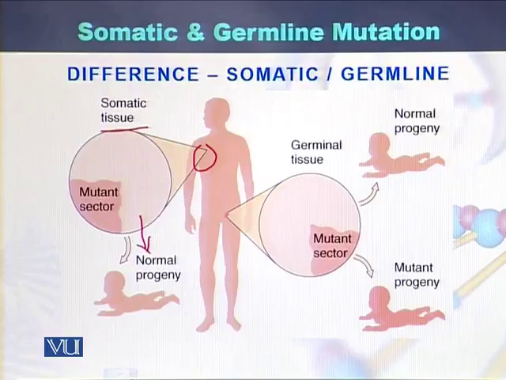So a somatic mutation is a mutation that occurs in the somatic cells, which are also called body cells. Somatic mutation can transfer to the surrounding cells by a process called mitosis.